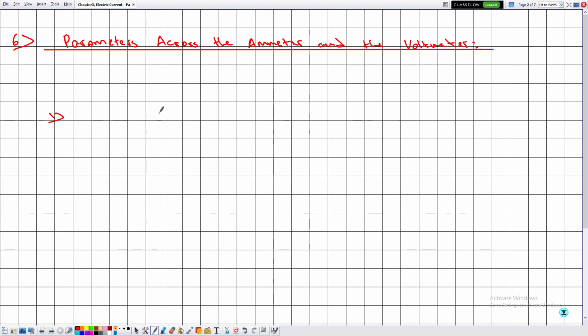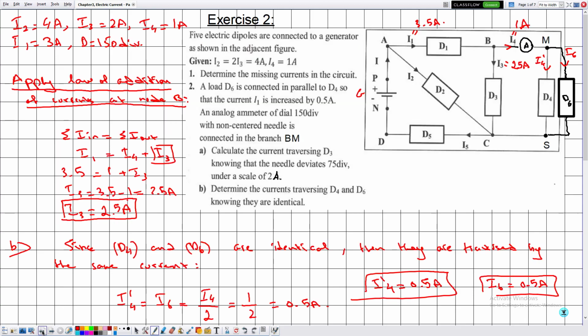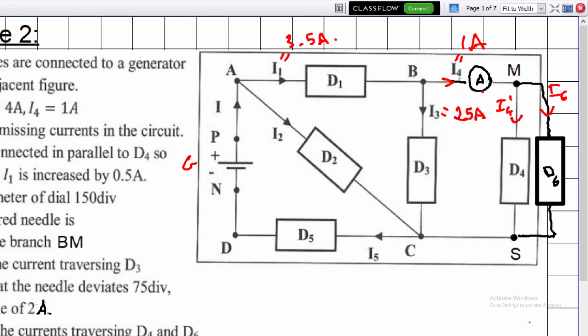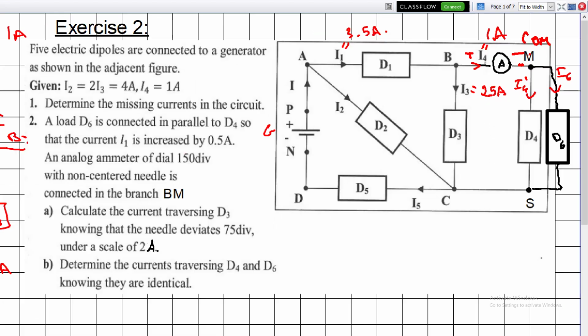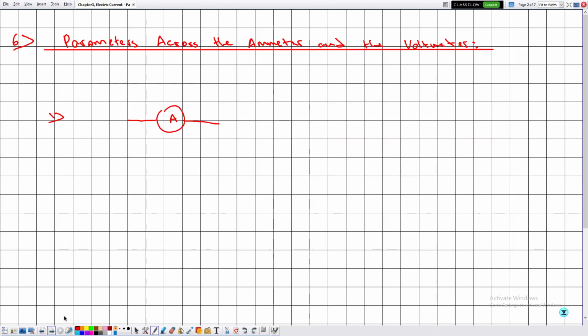Suppose here we have an ammeter. Now notice that previously I didn't specify the COM terminal, but if we are interested in the positive reading, so this is the positive pole, this is the negative pole, then the COM terminal is connected to the negative pole. Okay, so suppose that this is the COM terminal and this is the point A. Say for example this is the point C and this is the point D.